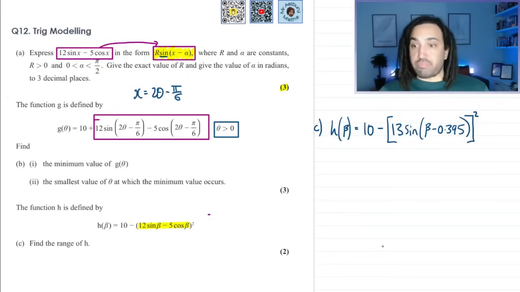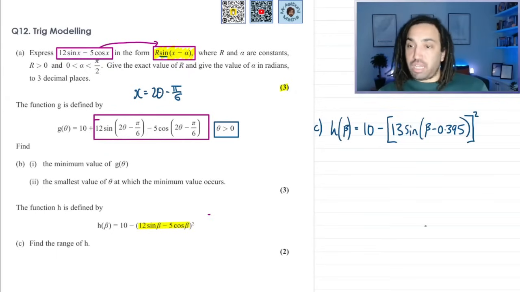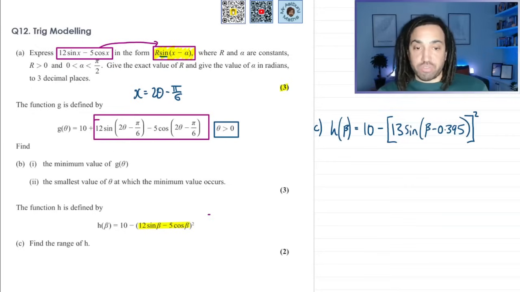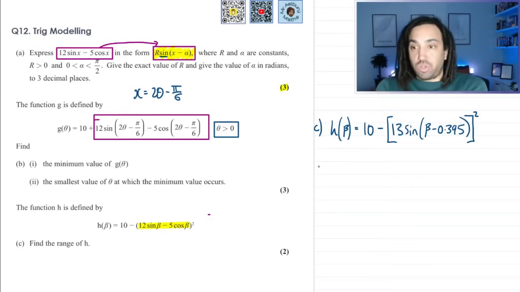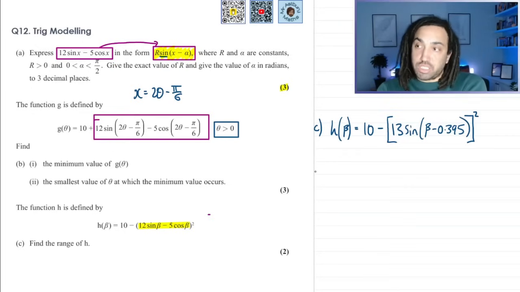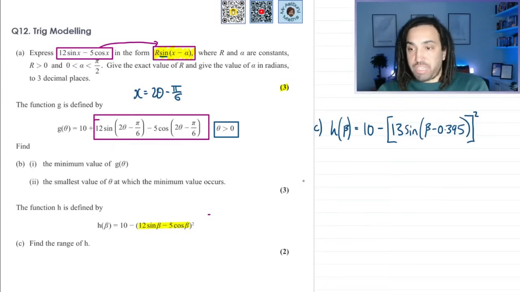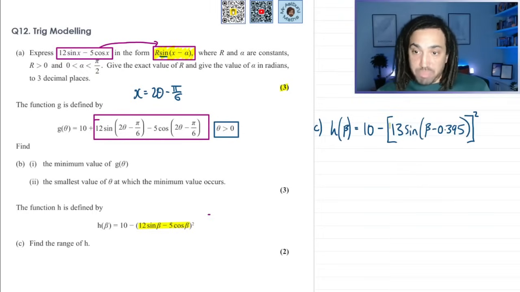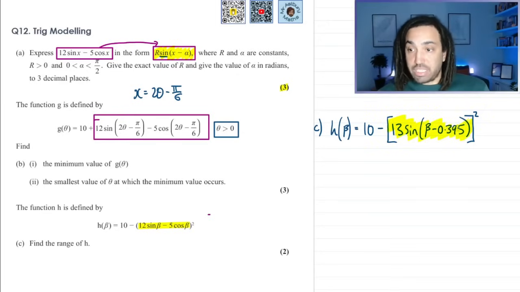That's the difference here. Okay, so we need to find the range. So let's look for the smallest this could possibly be. Well, if I want H of beta to be small, then I'm taking away this square bracket, so I need this square bracket to be as big as possible.